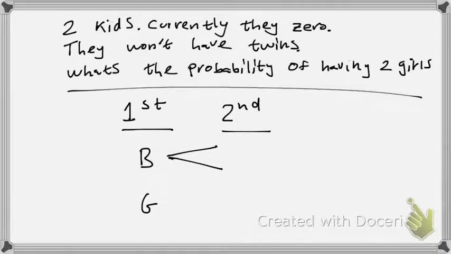The possible outcomes of the second one would be a boy or a girl. What if the first one was a girl? They could have a boy the second time, or they could have another girl, right? After we list the 2 stages, we list out the possible outcomes.